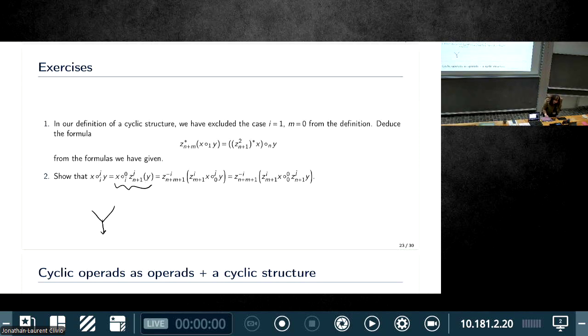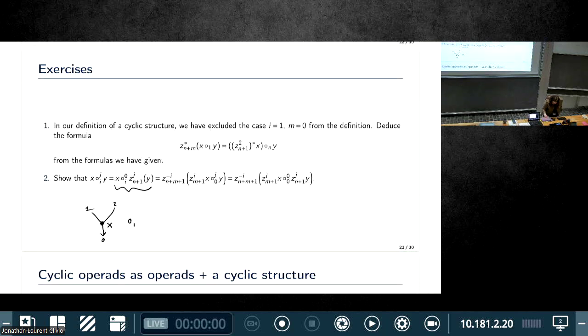let's say that this is my x, and then I wanted to compose with y.